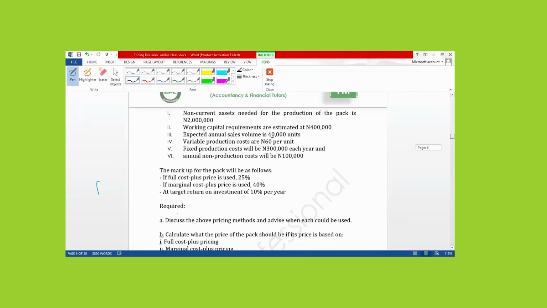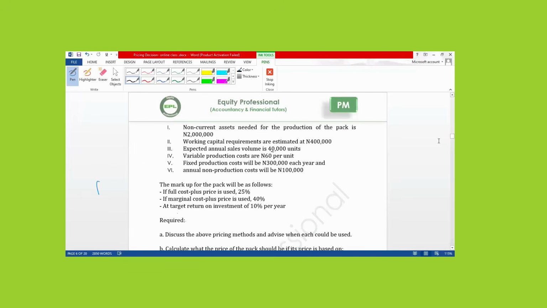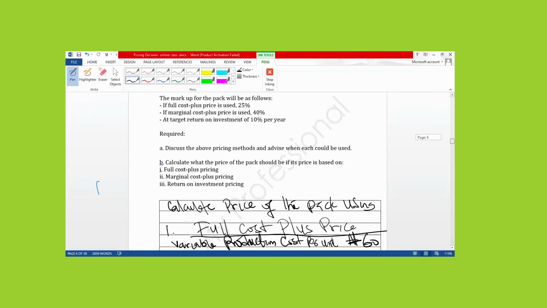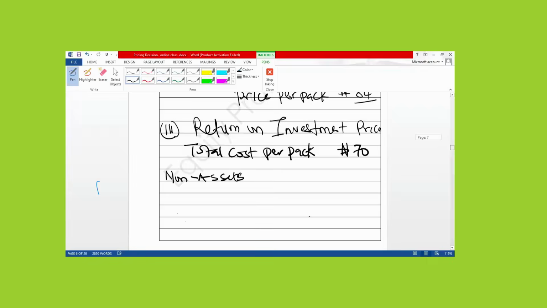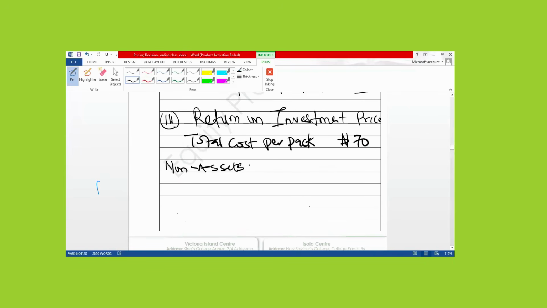Working capital requirements: we invested 400,000. Non-current asset invested 2 million naira. Working capital investments required 400,000. Total investment for this project.